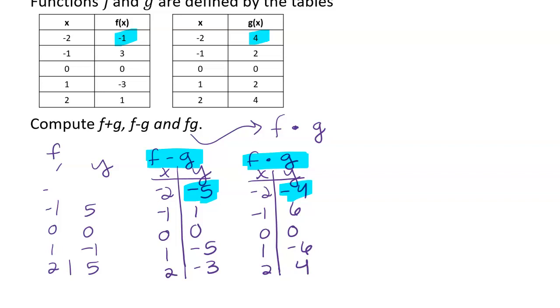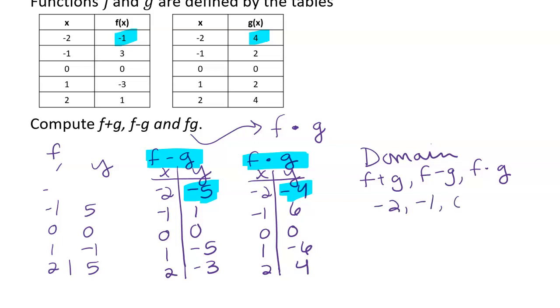So if you had to give your domain for each of these, the f plus g, the f minus g, or the f times g, you would just list those x values that you're working with in the table. And a lot of times we will use set notation to list those.